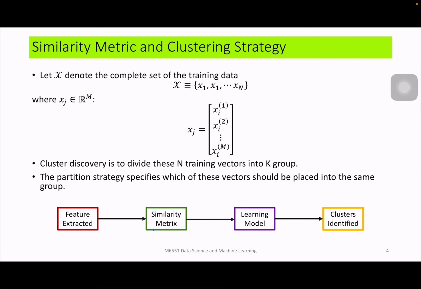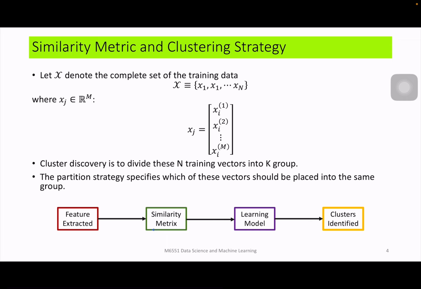So, similarity metrics and clustering strategy. Let X denote the complete set of training data, X equals x1 to xn, where X is in R^m. So it becomes a matrix. As you see, the clustering has to divide the n training vectors into k groups.